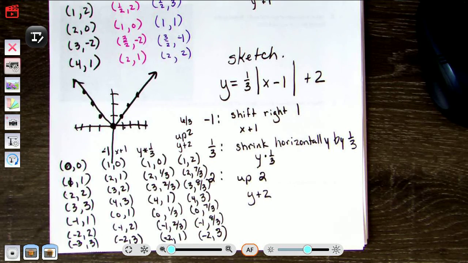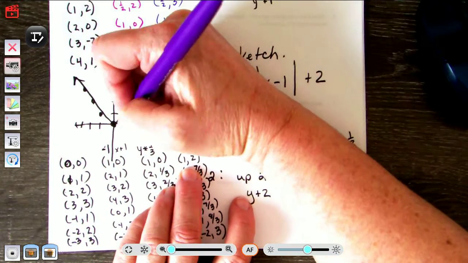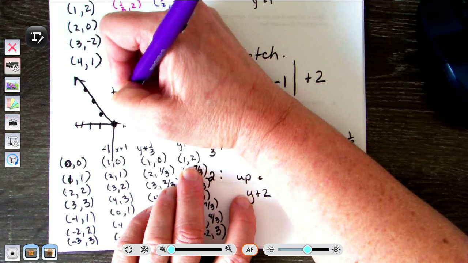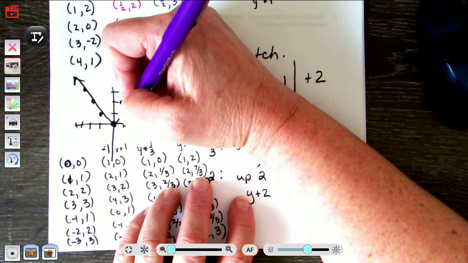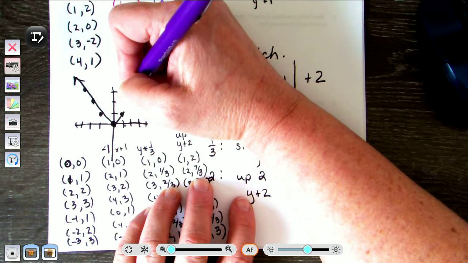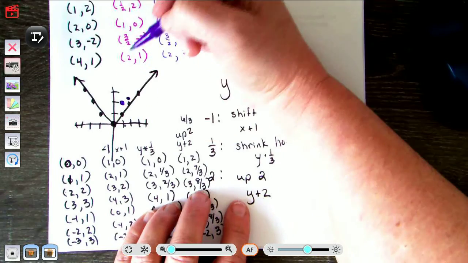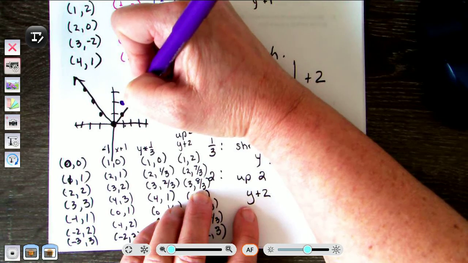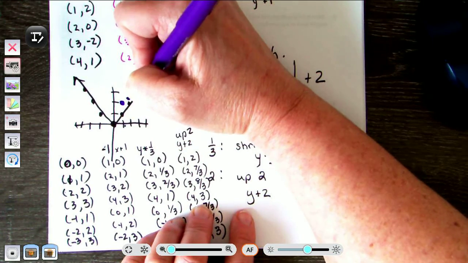And I'm going to put this one in, I think purple. So we'll have a point at (1, 2). Then (2, 7/3), so that's like 2 1/3, right? (3, 8/3), so that's going to be a little bit below there. Then (4, 3).